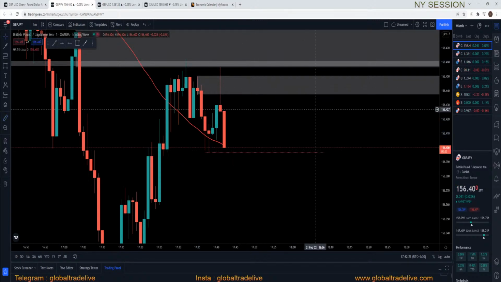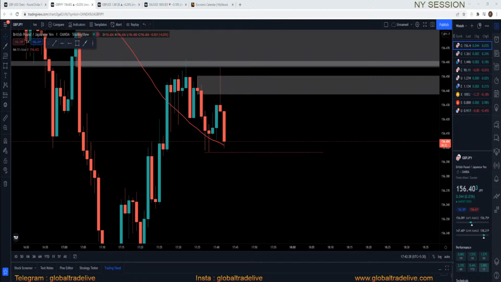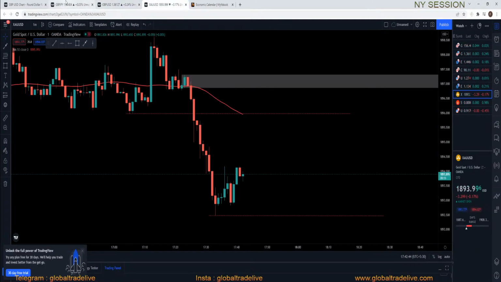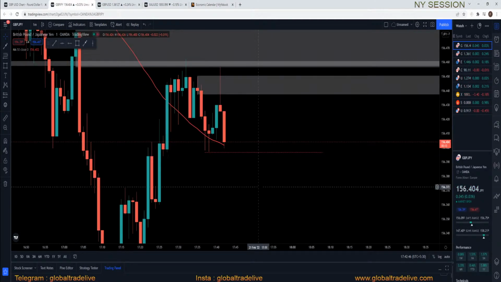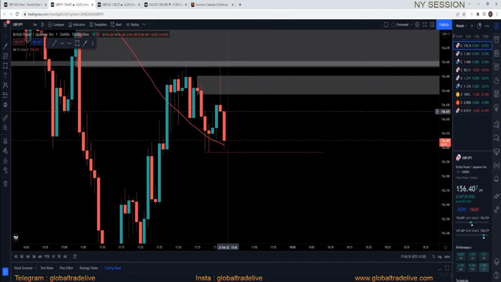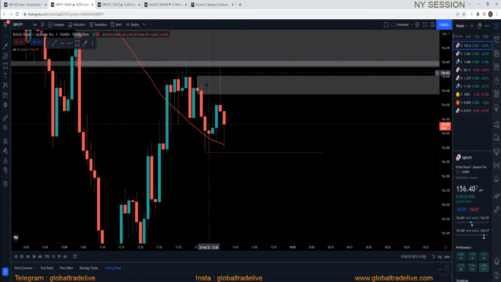Look here. Let's see if we get something or maybe not. So once a candle closes below this area, then this will become the POI.